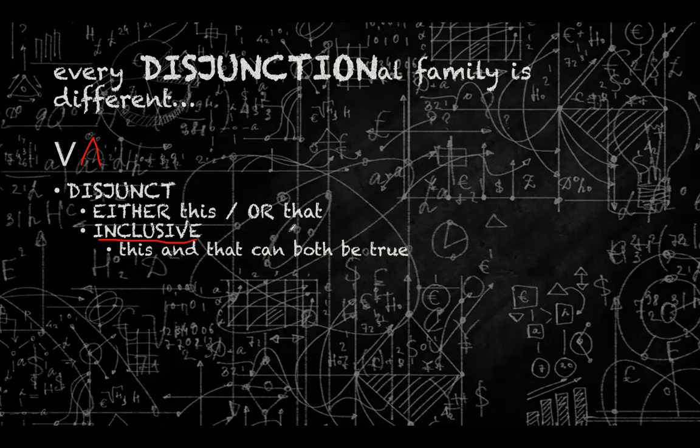So then when we get P or Q, P disjunct Q, we're saying either P is true or Q is true or both are true.